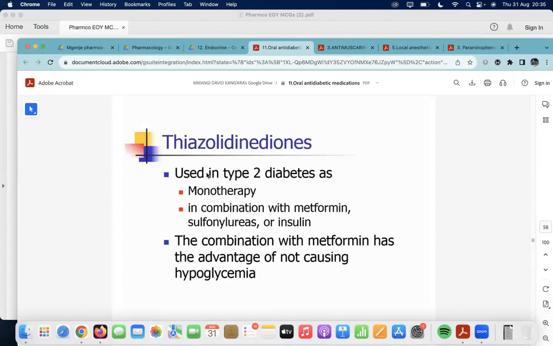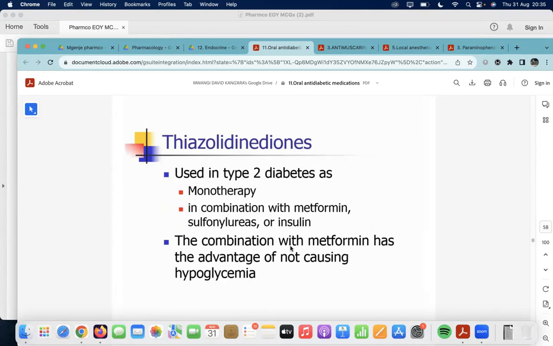Thiazolidinediones are used in type 2 diabetes as monotherapy or in combination with metformin. By the way, metformin, I think, is a first line in treatment of type 2 diabetes. So yeah, that's just something I wanted to mention. It's used in combination with metformin, sulfonylureas, or insulin. The combination with metformin has the advantage of not causing hypoglycemia.